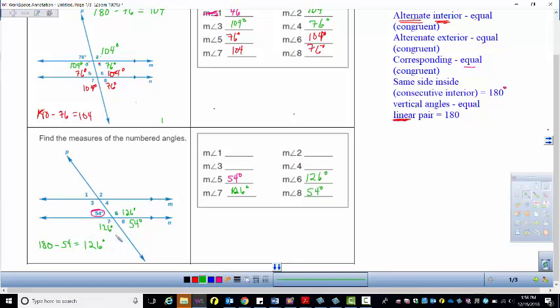Now I have to use something special. You can pick which one you want to use. This time I'm going to use corresponding. Corresponding means that they're in the same spot but on a different line. Like angle 2 and angle 6 are corresponding. So if angle 6 is 126 degrees, angle 2 is 126 degrees. Then 2 and 3 are vertical, so angle 3 is also 126 degrees.